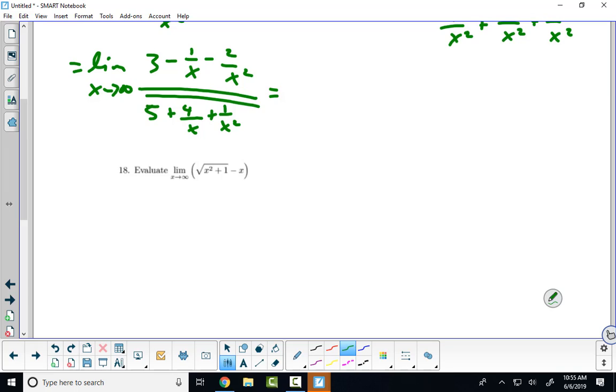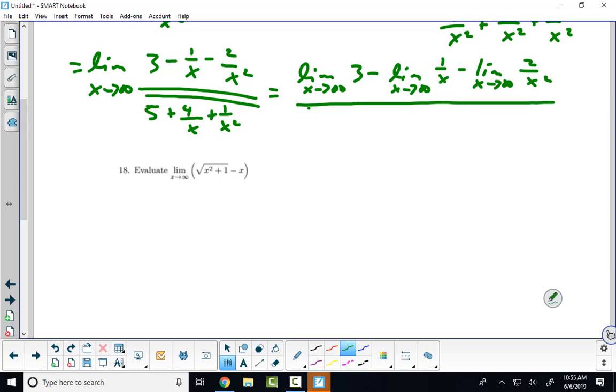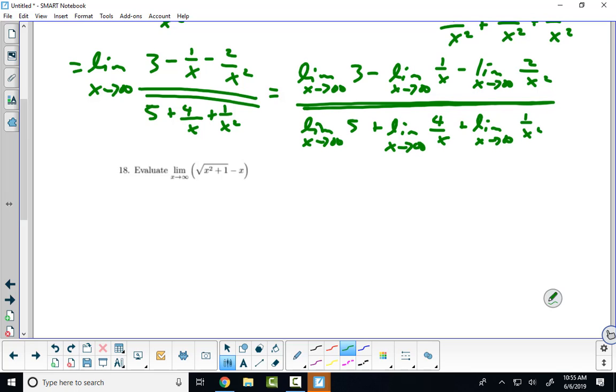Okay? So here we go. We get the limit as x approaches infinity of 3 minus the limit as x approaches infinity of 1 over x minus the limit as x approaches infinity of 2 over x squared, all divided by the limit as x approaches infinity of 5 plus the limit as x approaches infinity of 4 over x plus the limit as x approaches infinity of 1 over x squared.